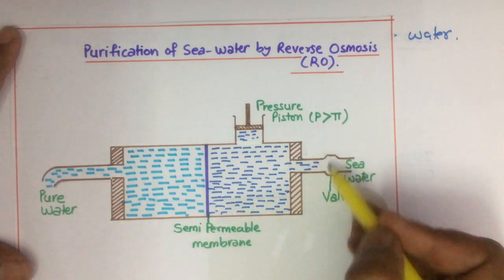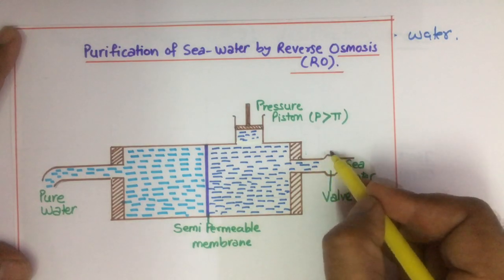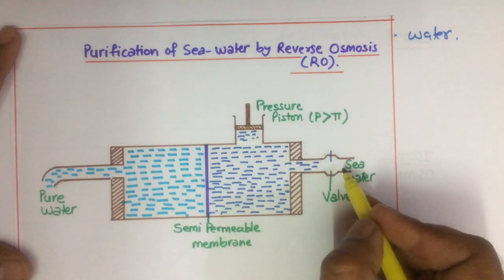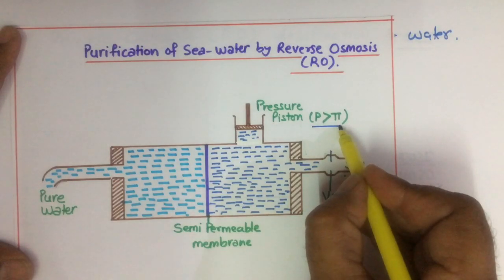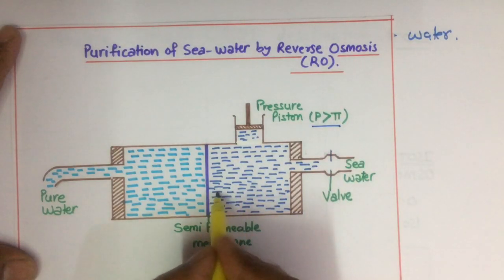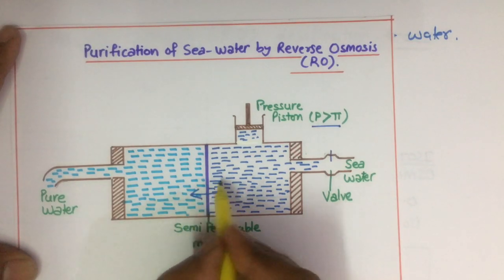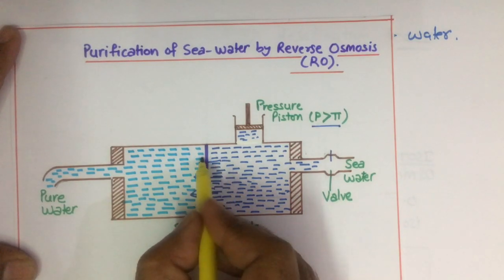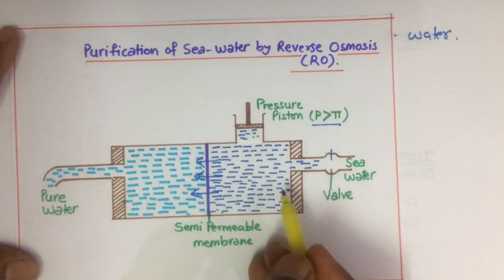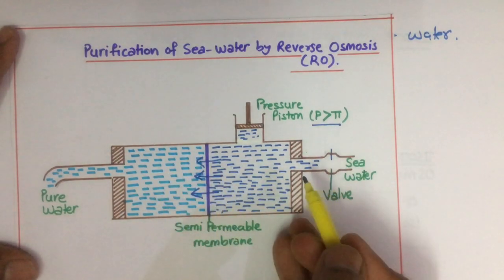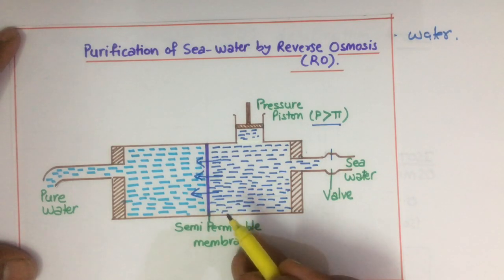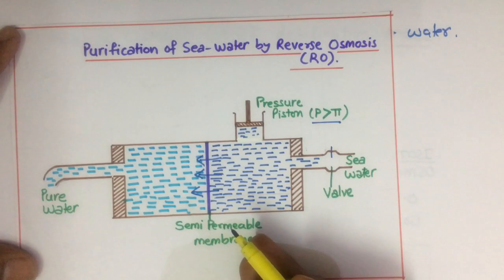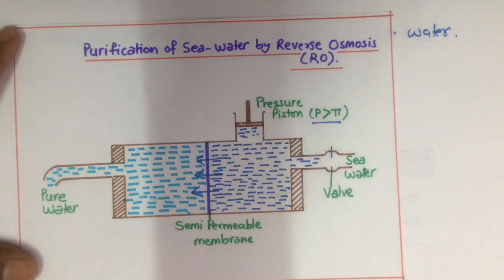There is a valve which checks the backward movement of water, and when we apply a pressure which is more than the osmotic pressure, the water molecules start moving from the solution side to the solvent side. So we get pure water from saline water, and this process is called reverse osmosis. It is used for the purification or desalination of sea water to get pure drinking water.